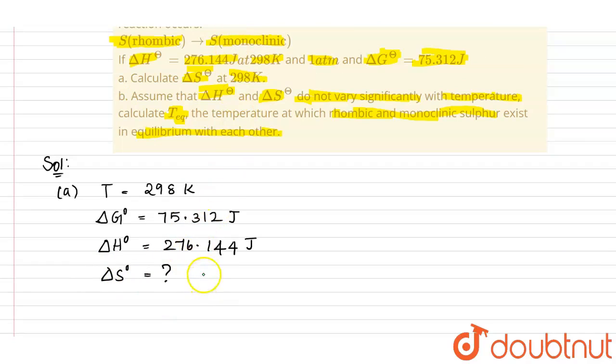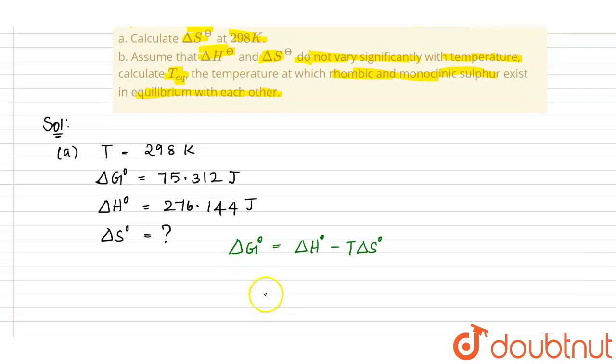Now we apply the values using the formula delta G is equal to delta H minus T delta S. To find delta S, the formula becomes delta S is equal to delta H minus delta G divided by T, where T is the temperature.